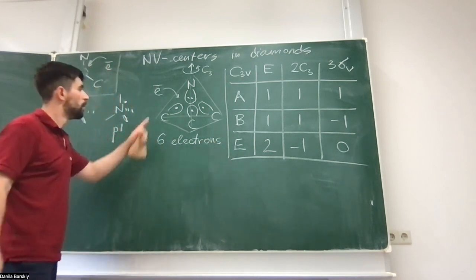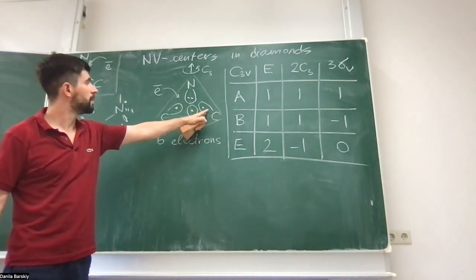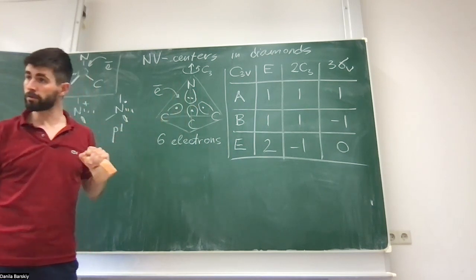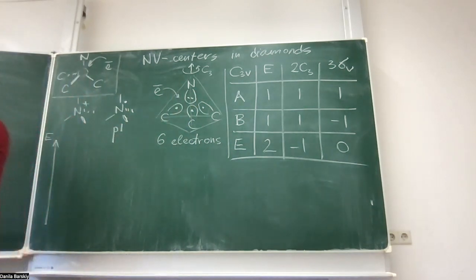So we have 4 bonds, 4 participating atoms. So these 4 bonds form molecular orbitals, eventually we'll find combinations of them. We need to decide how to put 6 electrons on them, right?